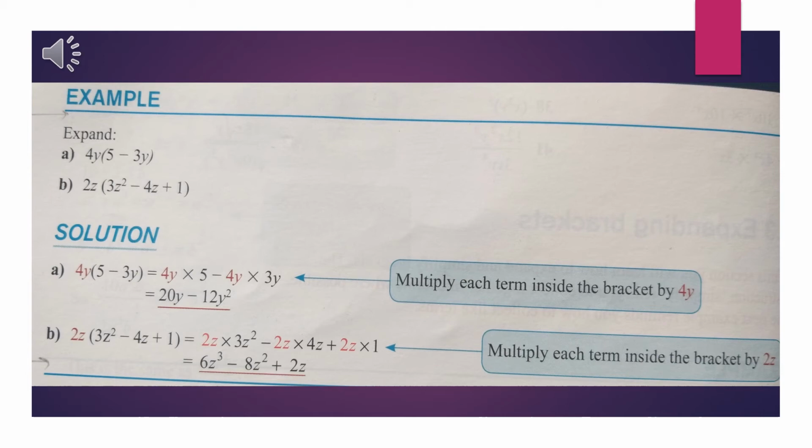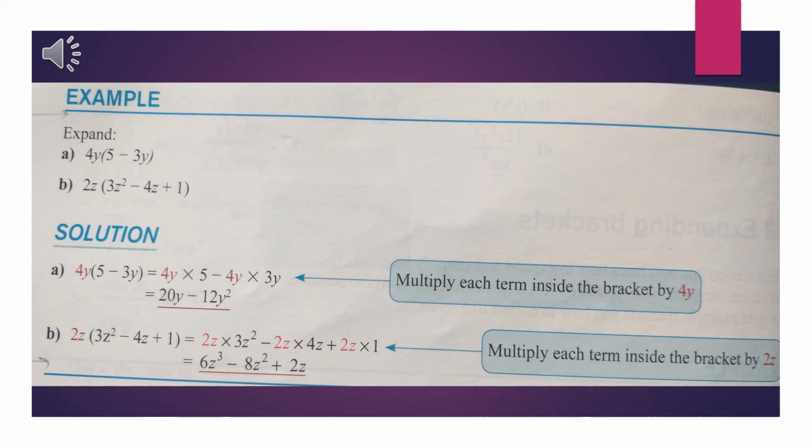Now the solution for A: 4y remains the same, times 5 is the first term, minus 4y times 3y is the second term, and the final answer is 20y minus 12y squared. Multiply each term inside the brackets by 4y.